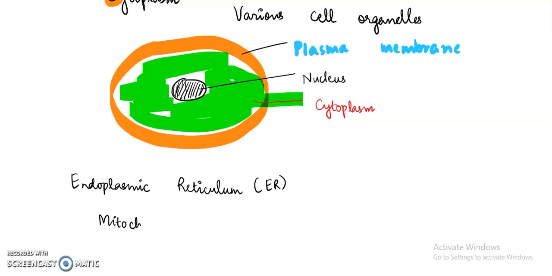Mitochondria, Golgi body, lysosomes, vacuoles, etc. There are many cell organelles which are there inside the cytoplasm.